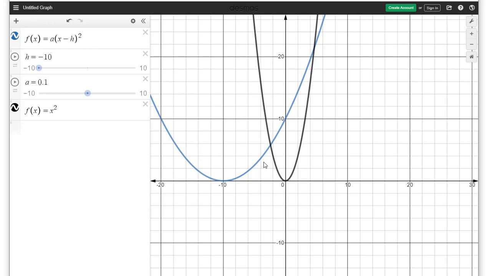In this case, it would be x plus 10, quantity squared, would give us this parabola, and a equal to 0.1 gives us this nice wide open kind of flattened parabola.